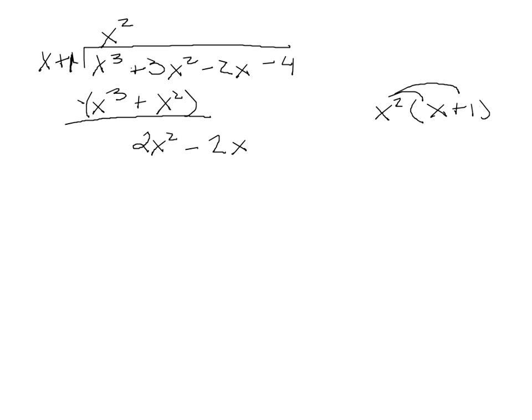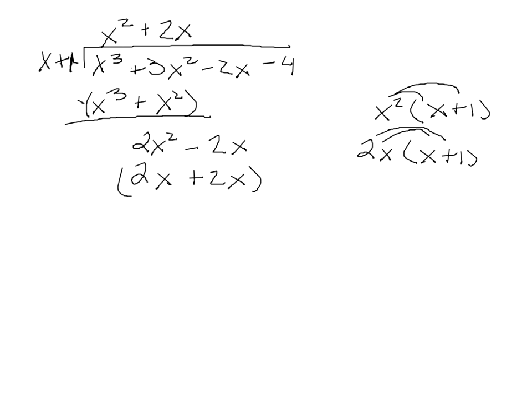and so x is going to go into 2x squared 2x times. So over here 2x, and then x plus 1. And that result goes over here. So 2x times x is 2x squared. And then I subtract, so that goes away, and 2x minus 2x is minus 4x.